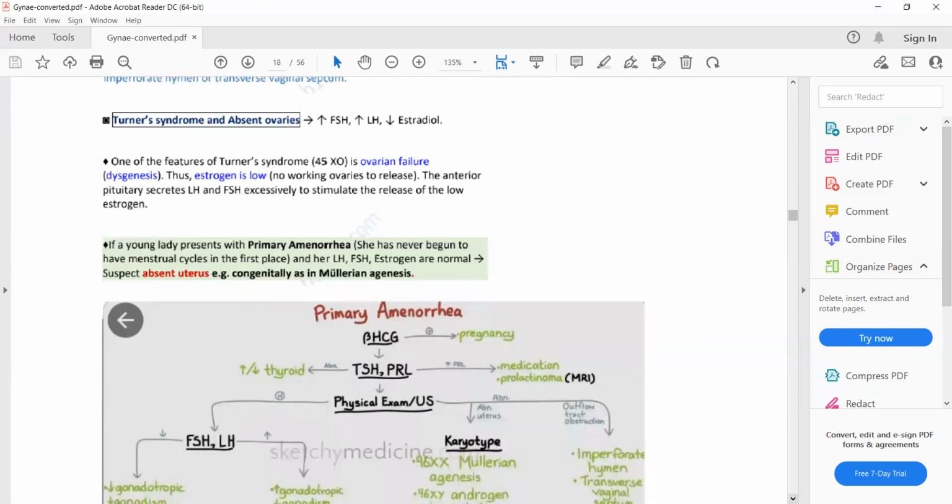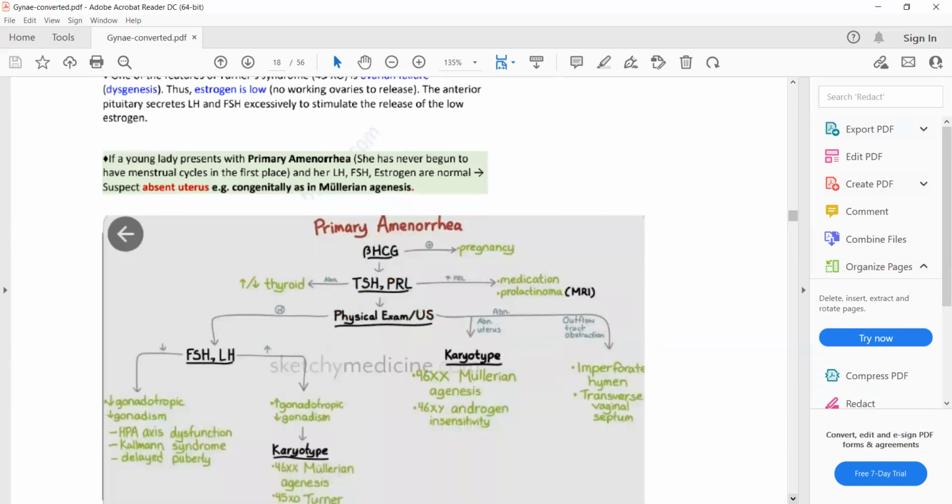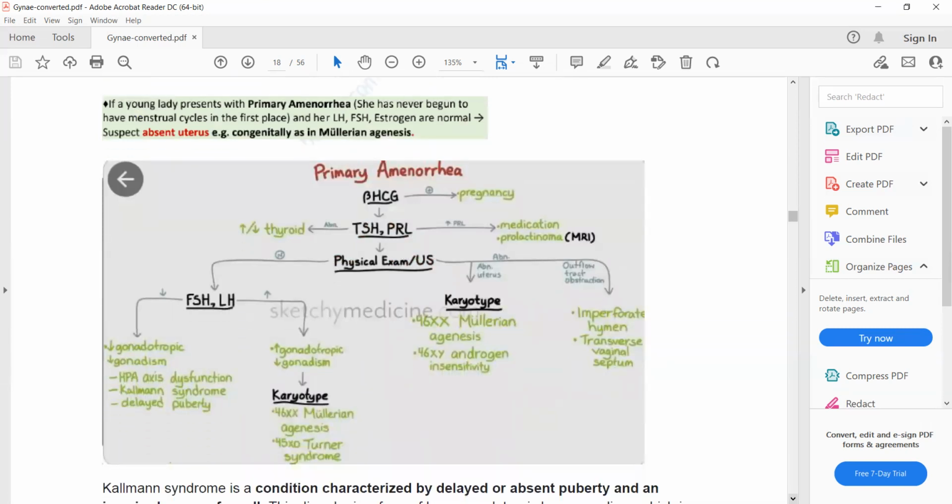So whenever a female presents to you with amenorrhea, the first investigation that you need to do is beta HCG to rule out pregnancy. So if beta HCG is positive, then the amenorrhea is due to pregnancy. Then we do not need to do any other tests. But if beta HCG is negative, then we need to do TSH levels and prolactin levels.